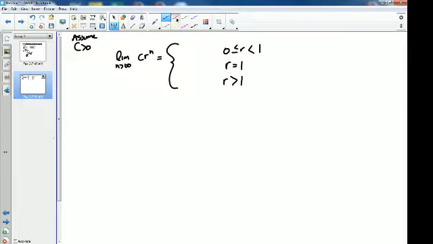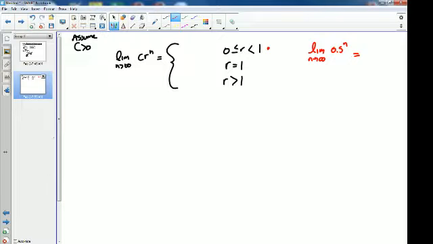Okay, so let's put this in there. What if I have the limit as n approaches infinity of some value c, we'll just call it 1 here, and I have 0.5 to the n? What is that going to approach? One or 0?